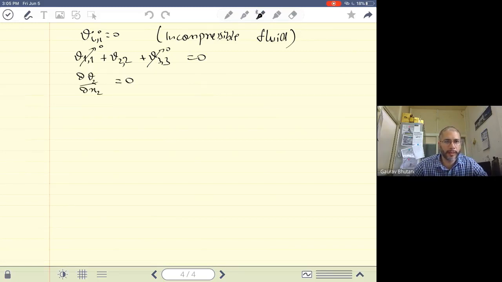I just wrote that in the del by del x2 form. From this, if you integrate both sides, what you get is V2 is equal to a function of x1 plus some constant.